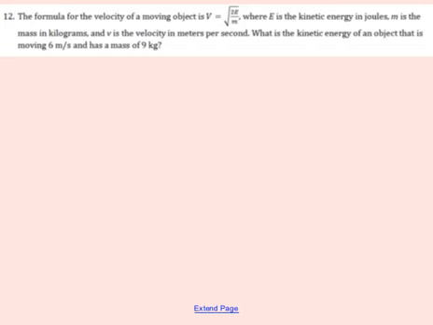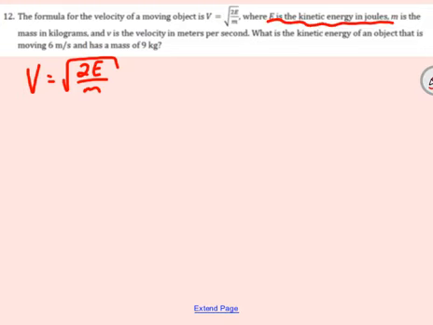All right, next one. The formula for velocity of a moving object is velocity equals the square root of 2E over m, where E is the kinetic energy in joules, M is the mass in kilograms, and V is velocity in meters per second.